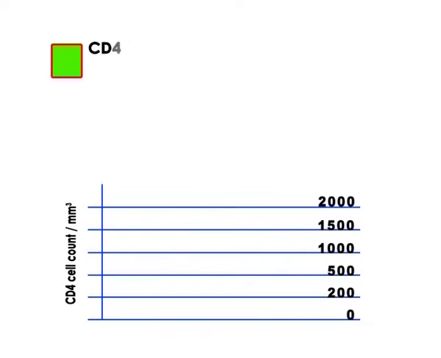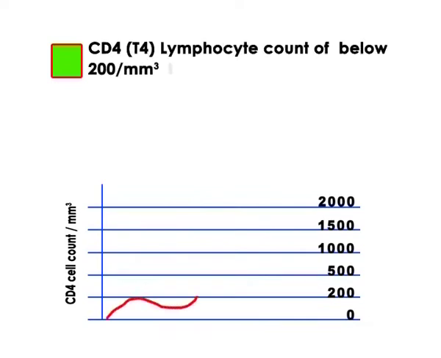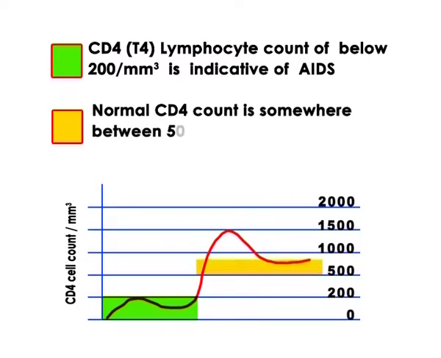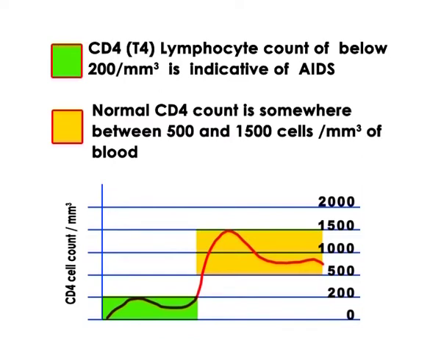The new definition requires a blood test indicating that the person is infected with HIV. A CD4 or T4 lymphocyte count of below 200 per cubic millimeter is indicative of AIDS. The normal CD4 count is somewhere between 500 and 1500 cells per cubic millimeter of blood.